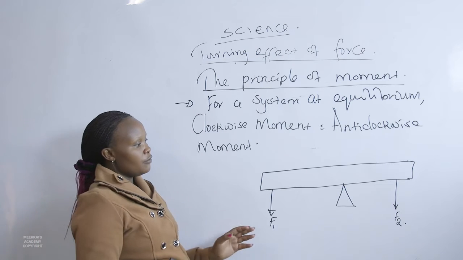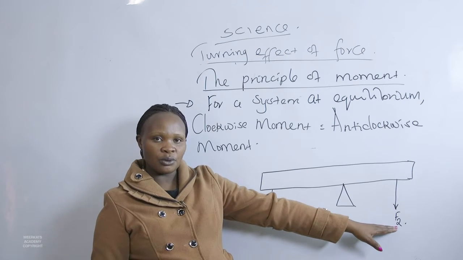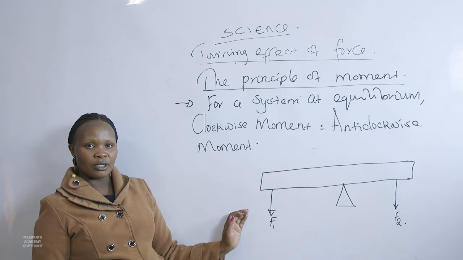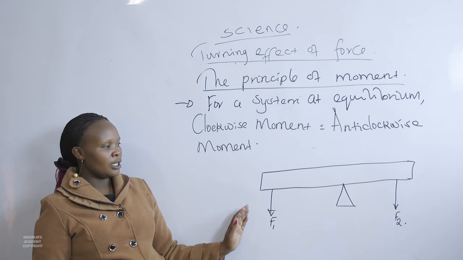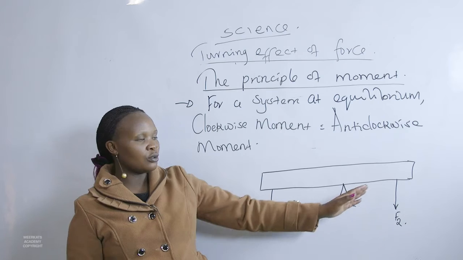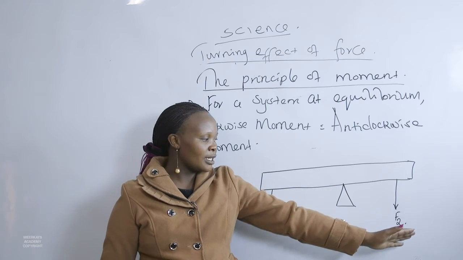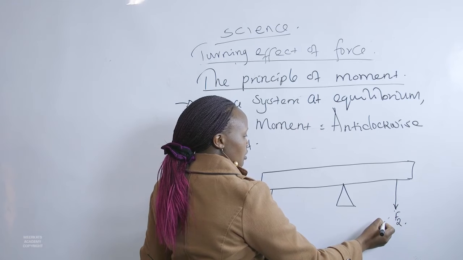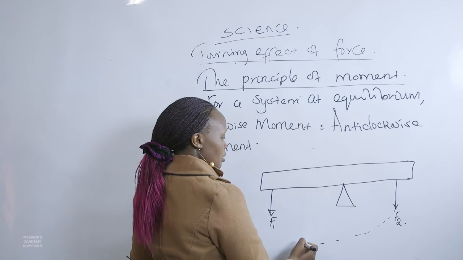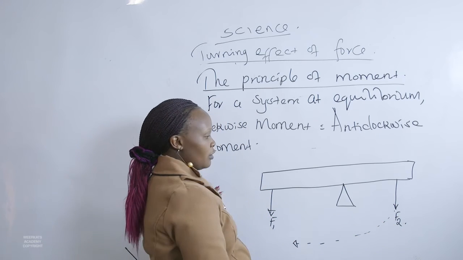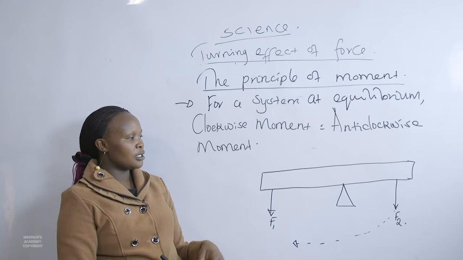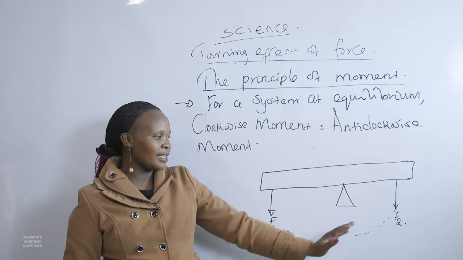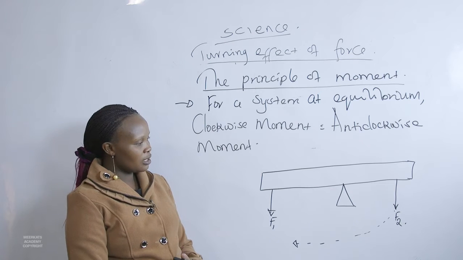For example, if we applied only F2 and we left the other side without a force acting on it, then F2 tends to turn our system in the clockwise direction, like this. If only F2 was to act on this setup, then it would turn in the clockwise direction.